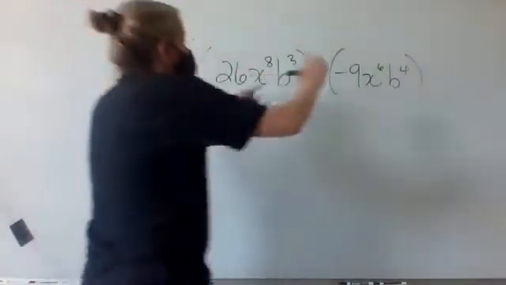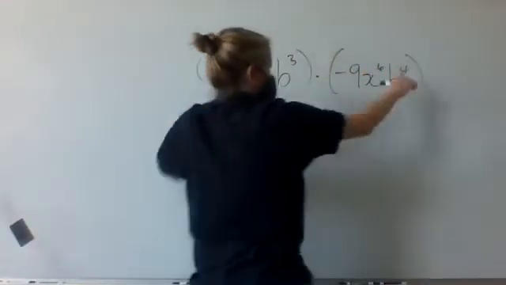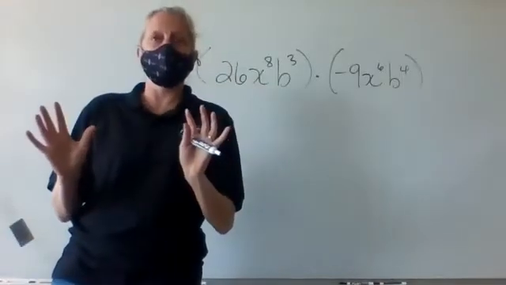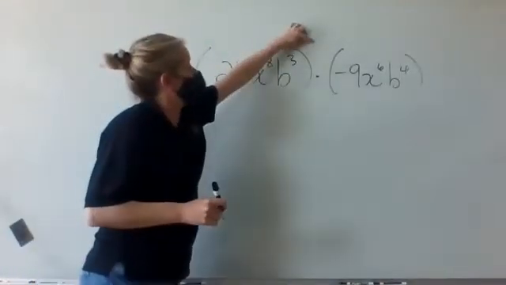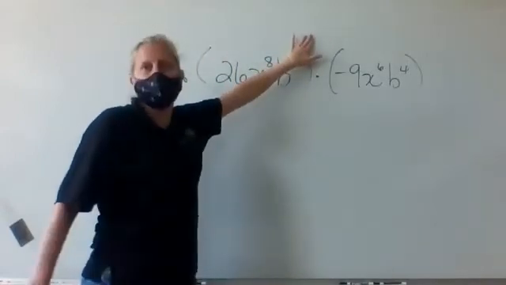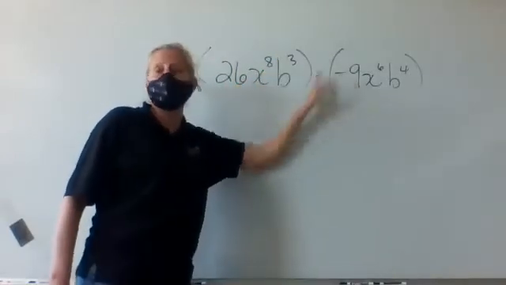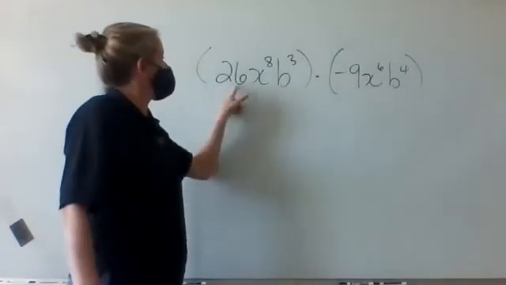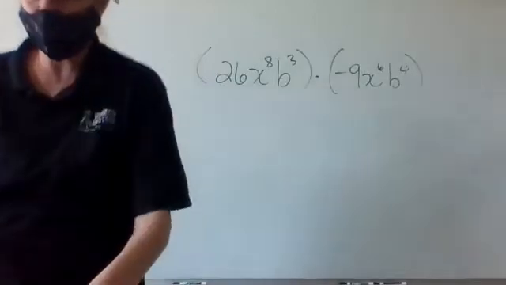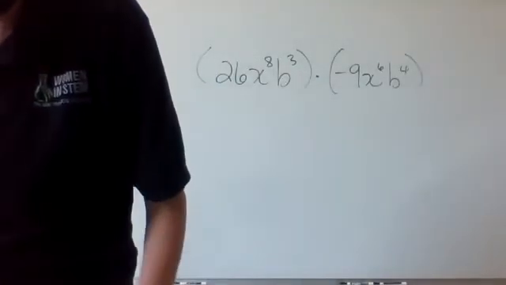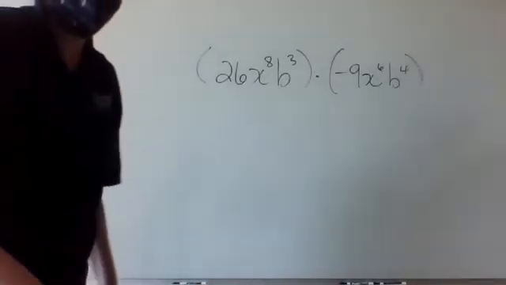I don't have any exponents outside my parentheses, so I don't have that pre-work on this one, right? Because there's nothing up here that tells me I need to raise what's inside here to a certain power. So I can go ahead and just multiply these two terms together. I've got 26 times -9, which gives me -234.